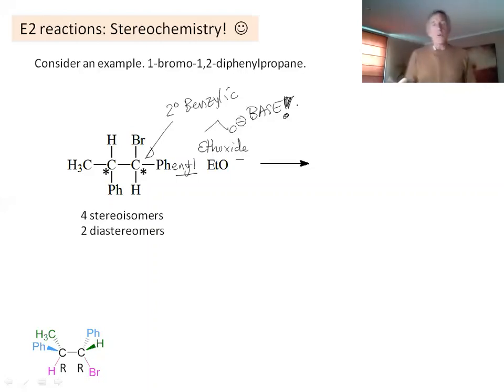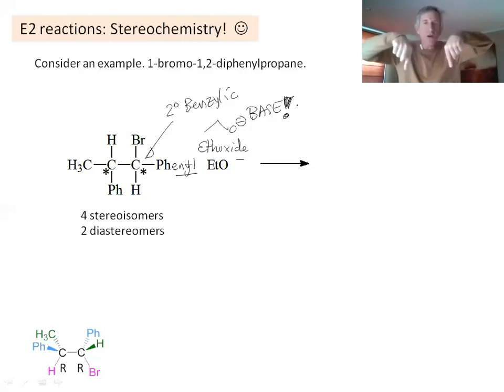Now, notice the way I've written it though. Look at where the hydrogen on the beta carbon and the bromide leaving group are, how they're oriented to each other. As drawn right here, they are on the syn side, the same side, the bad side.